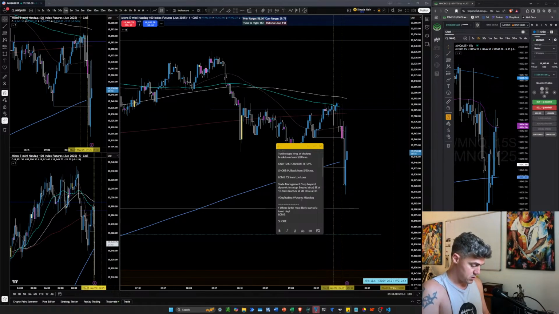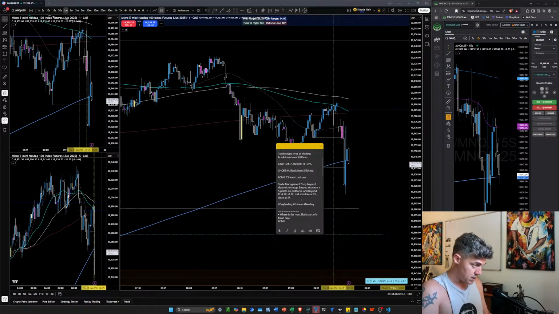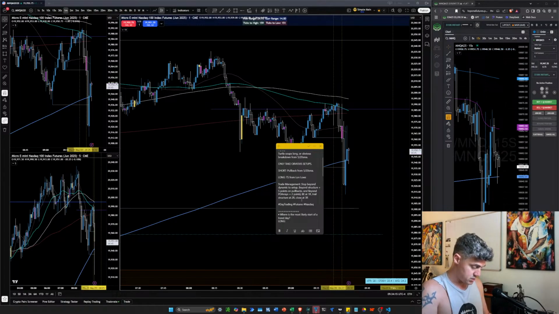Beyond structure plus 5 points on pullbacks and beyond PD arrays plus 2 points on ICT setups.